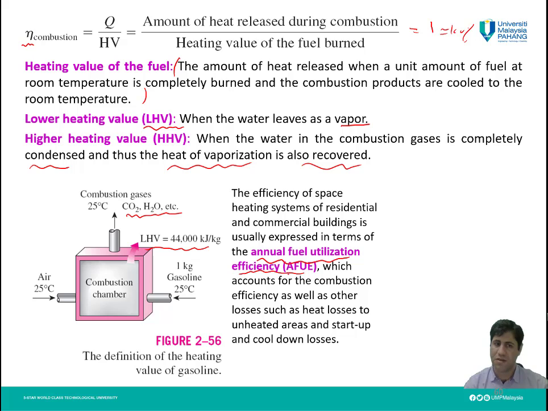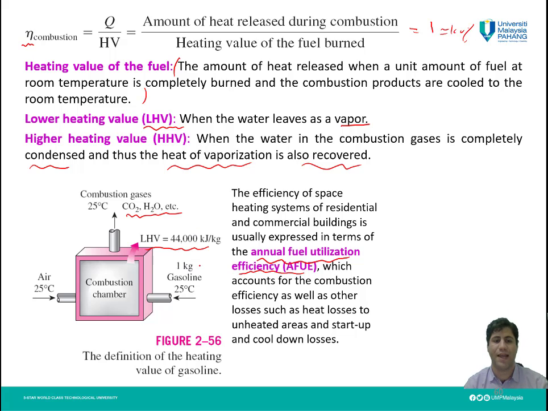So here you can see how this information is helpful to calculate how much energy is needed to increase the temperature of the building, residential or any kind of building, because you know how much energy is released due to the combustion.